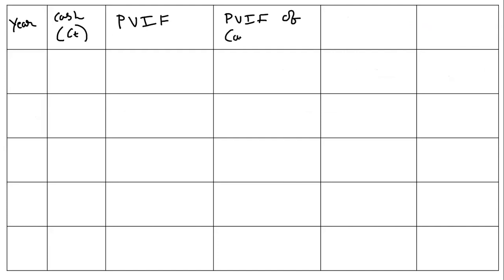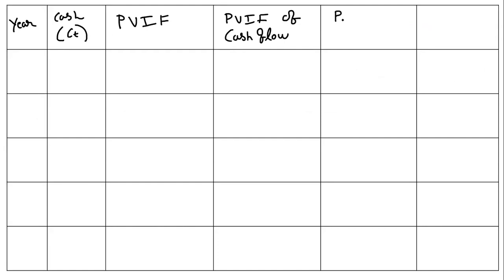So I have, this is for 4 years. The first column is year, the second column is cash flow, that is nothing but C_t. Then we have the present value interest factor, then the present value of the cash flow.